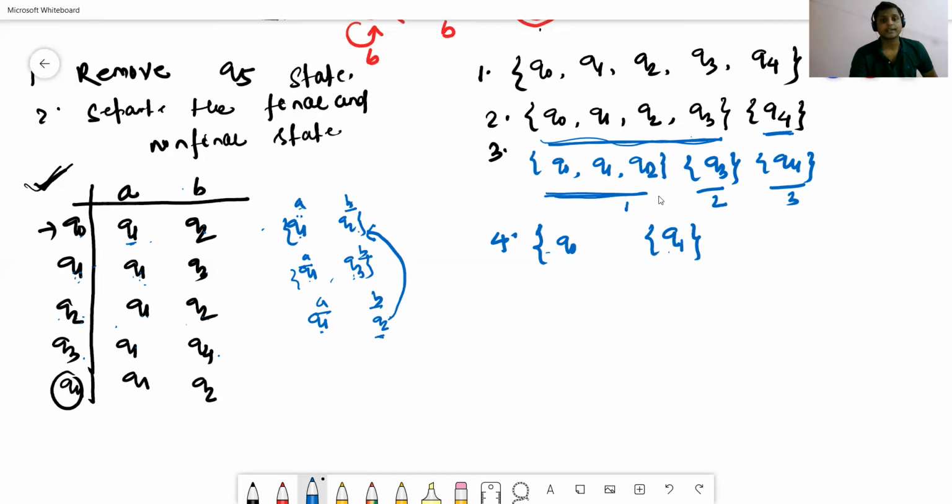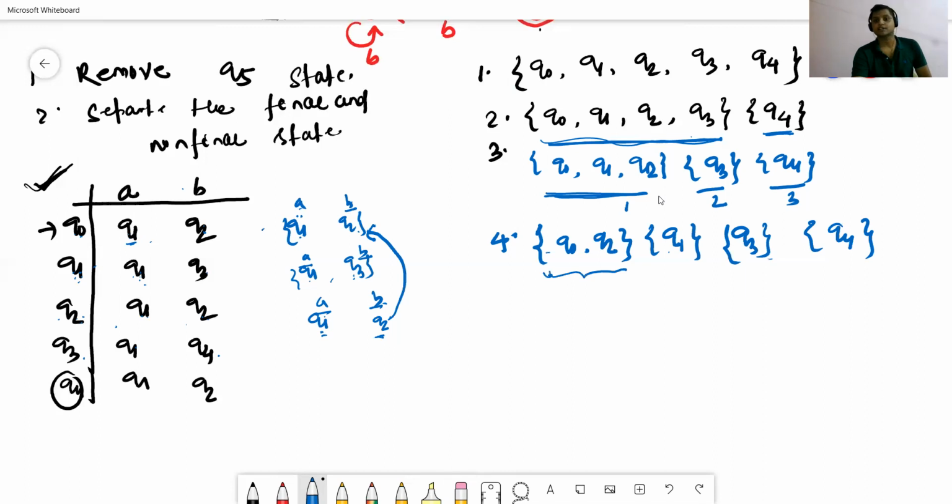So Q2 will read A and B, goes to Q1 and Q2 states. This is Q3, this is Q4. Now we can't separate these states.